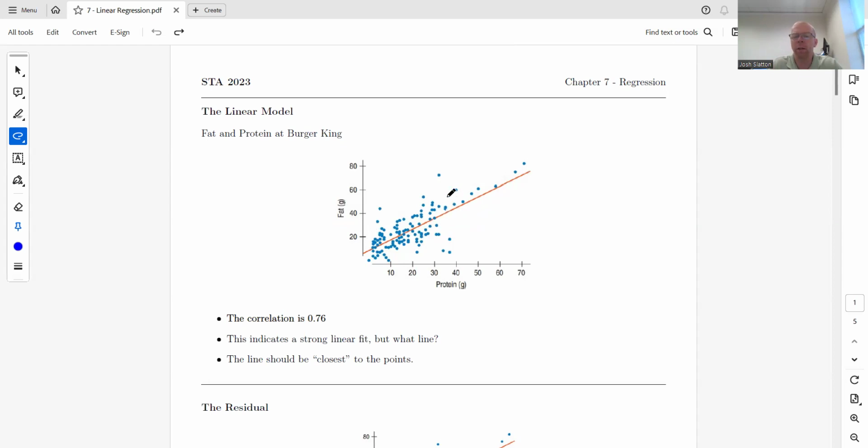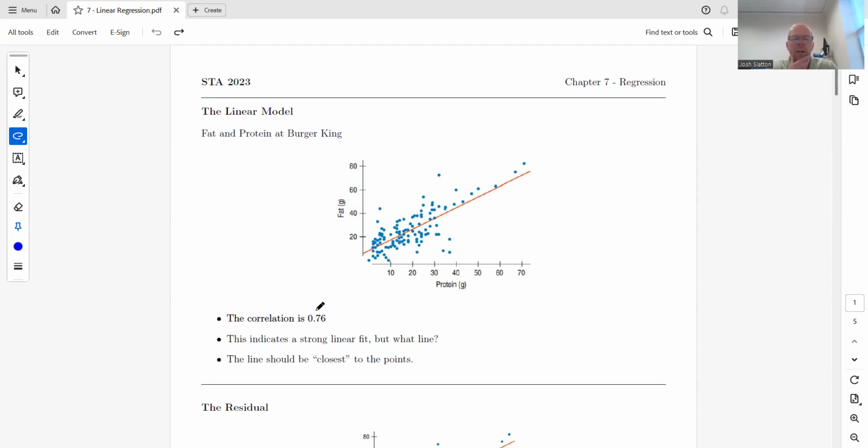If we talk about the strength, we might say that it's moderately strong, maybe getting close to a strong relationship. Definitely linear. So you definitely have a linear trend here. And so maybe we could find some way to make predictions. If we know one of these variables, we can make a prediction on the other one. And so that's what this chapter is doing.